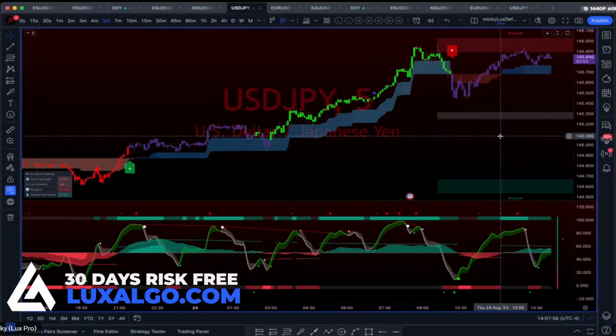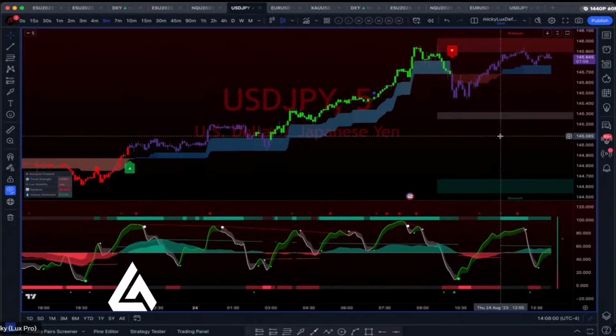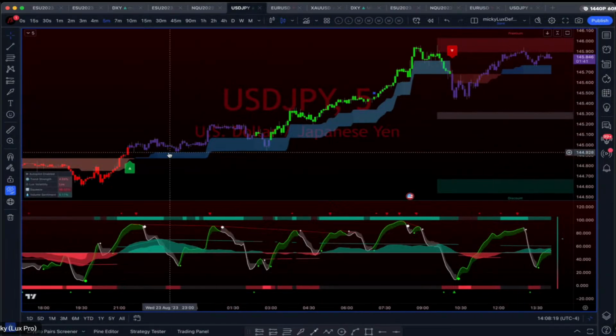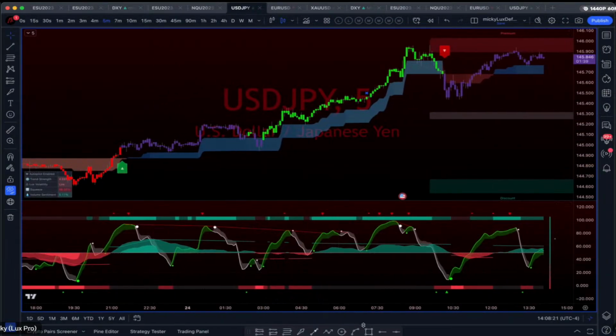I am not smart enough to memorize all the different candlestick patterns with regular candlesticks. Like I told you, I only know wicks, engulfing, maybe dojis, but there are so many others, right? But I use Heikin Ashi.